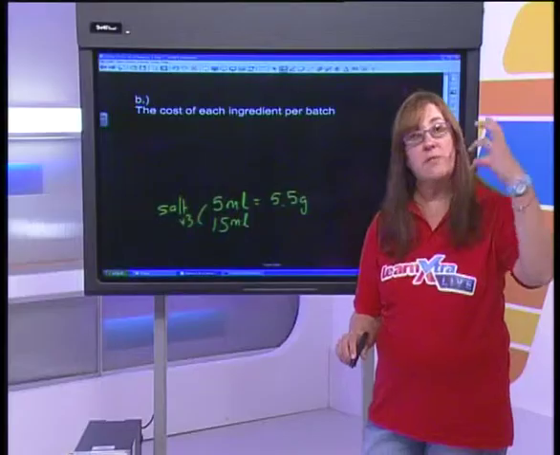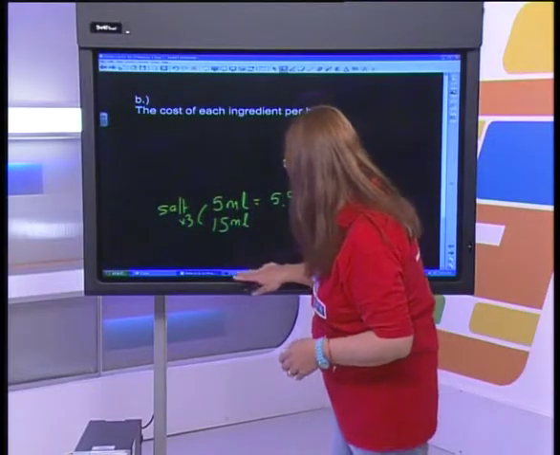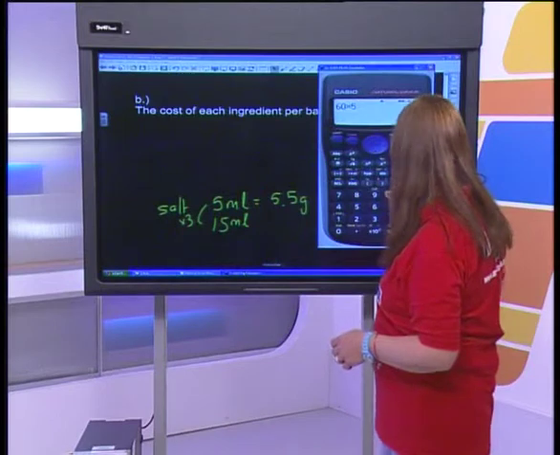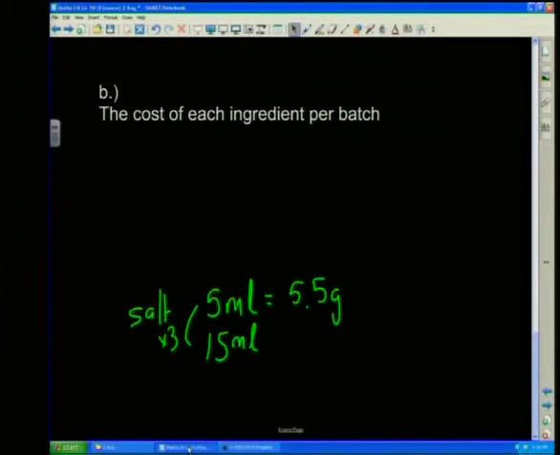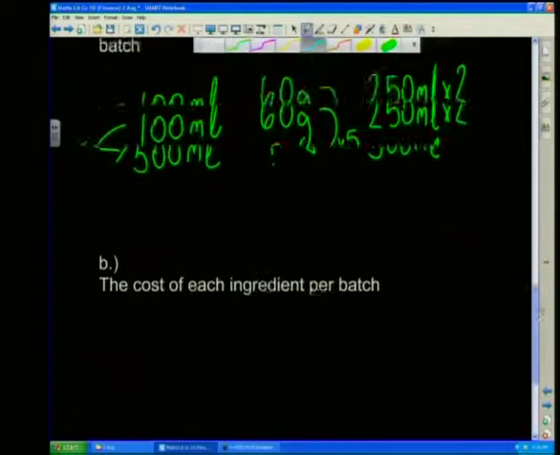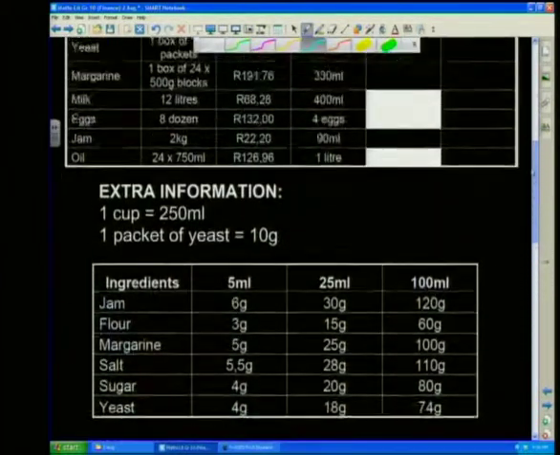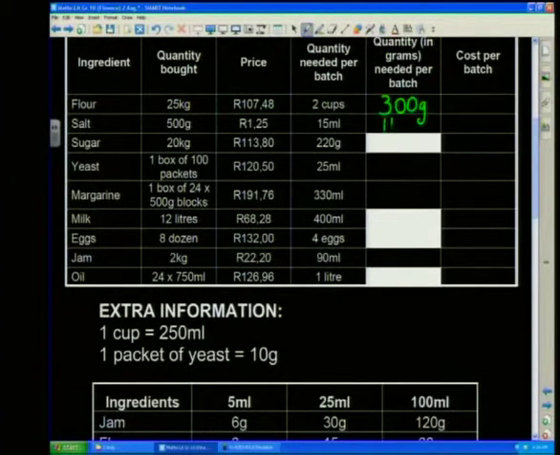And I'm going to have to do this for every ingredient. So 5.5 times by 3 gives us 16.5 grams. Let's go back and write that onto our table. 16.5 grams.